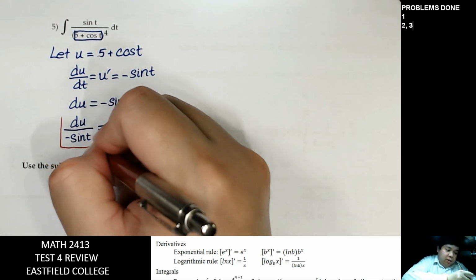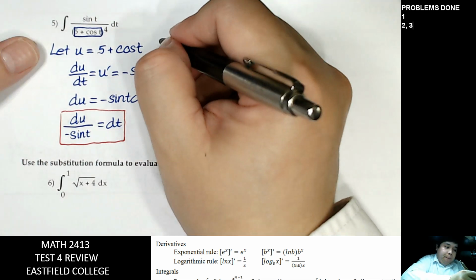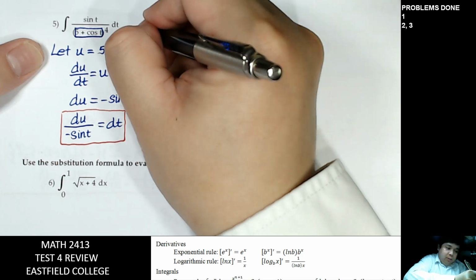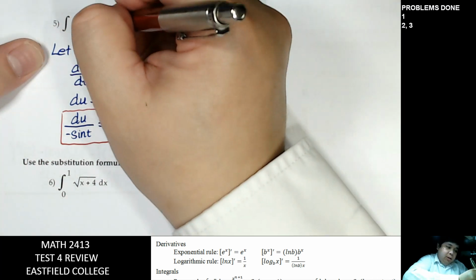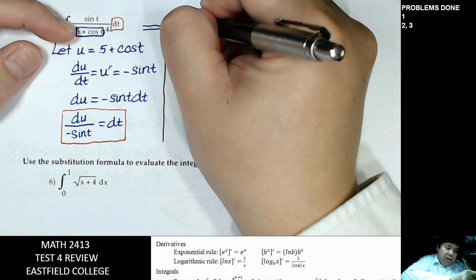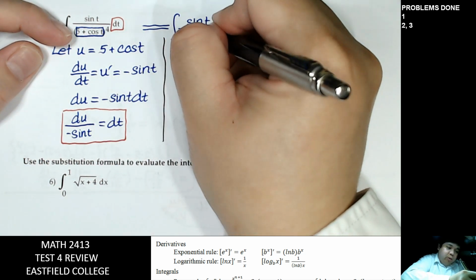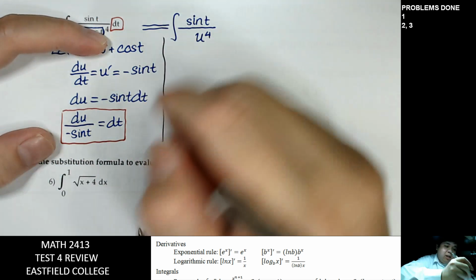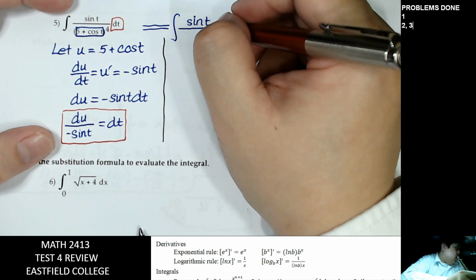So that is du. Now the substitution: sine t is still there. This is going to be u to the 4th power. dt is du over negative sine t.